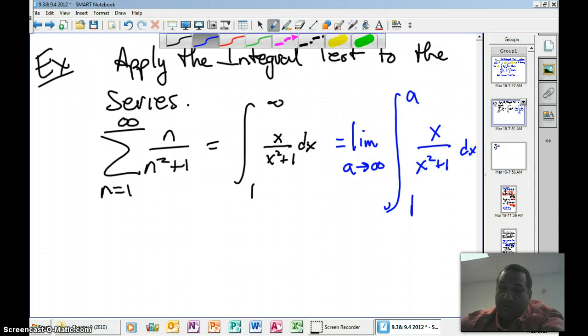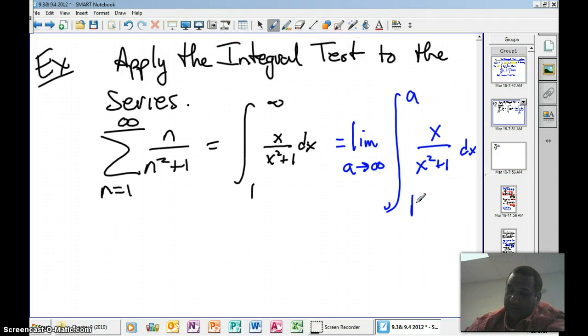If you remember how to do this, I know it's been a while, I'm going to set u equal to x squared plus 1, and that means du is 2x dx. So that is going to put a 2 here and a 1/2 on the outside.